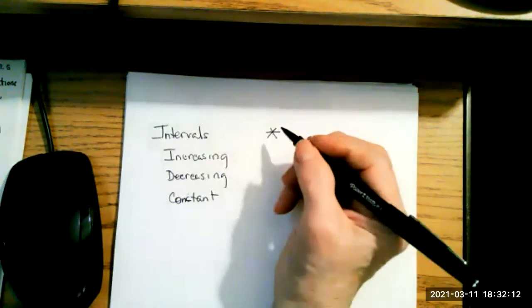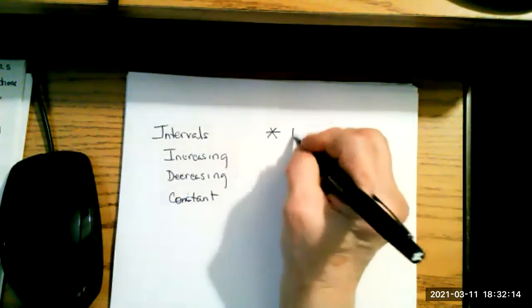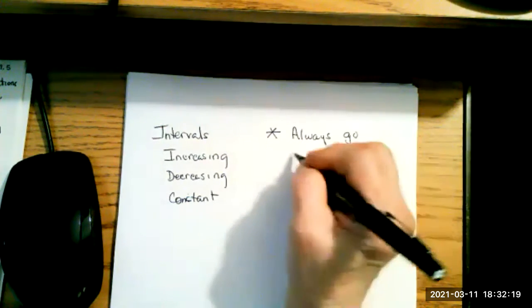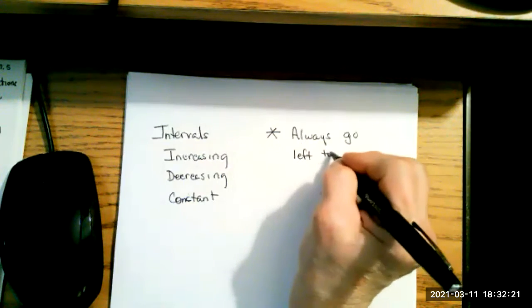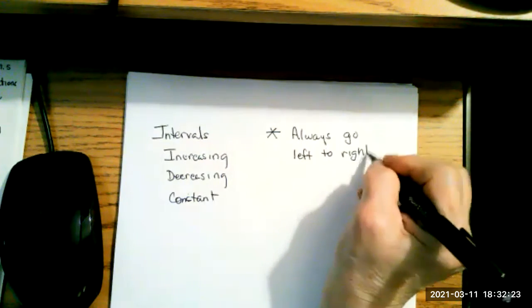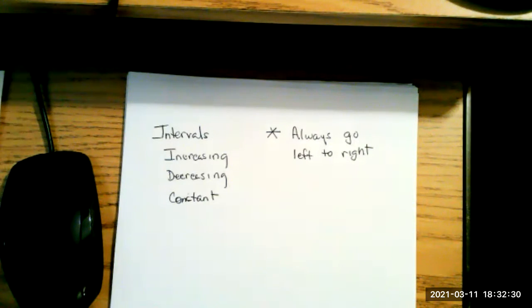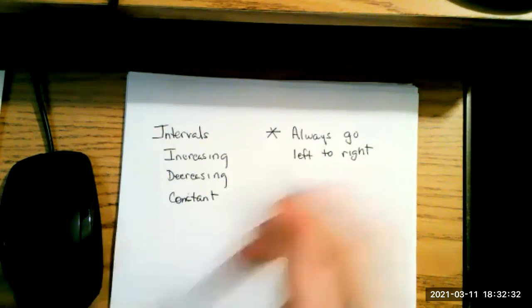There are some things that you must know about intervals. They always go left to right. Remember how we did those domains? We had to go left to right. You have to do that on intervals also.